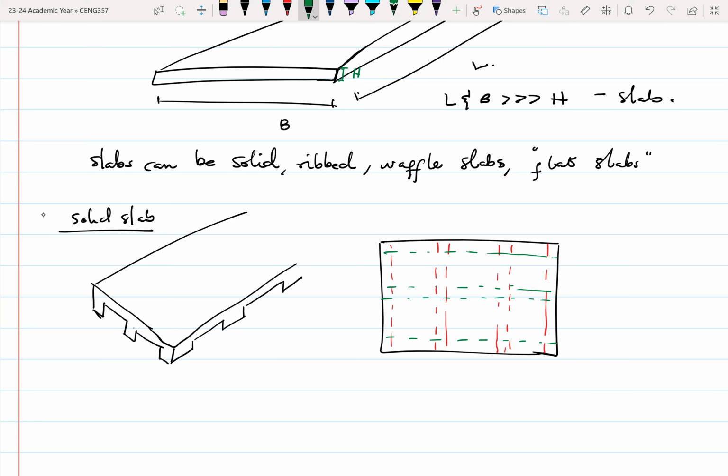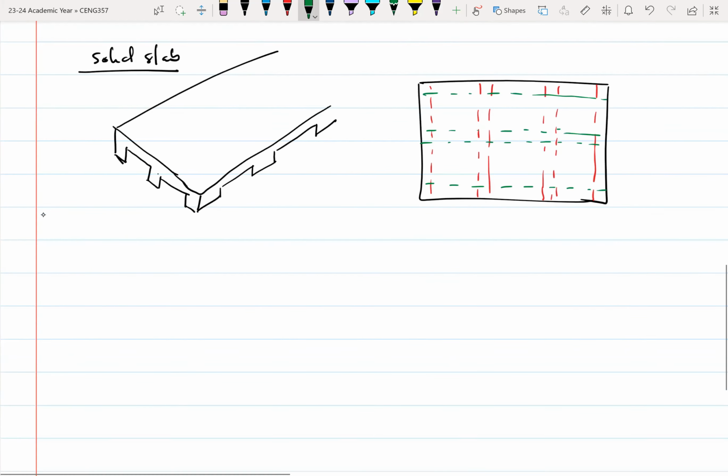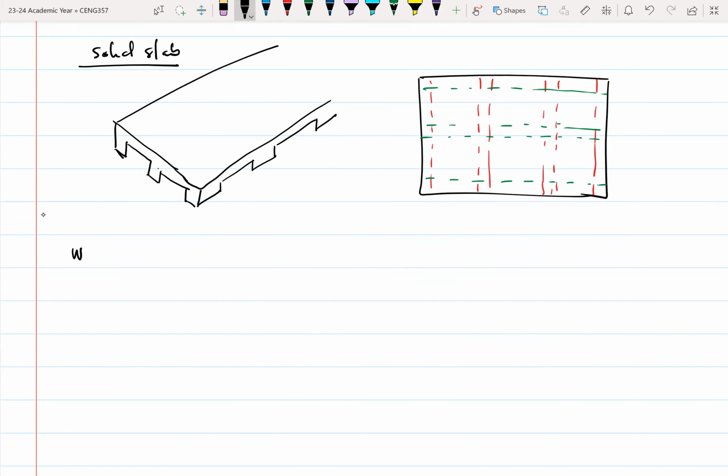So the waffle slab, I'm just going to show how it looks like. It's not too common, but we do have it.